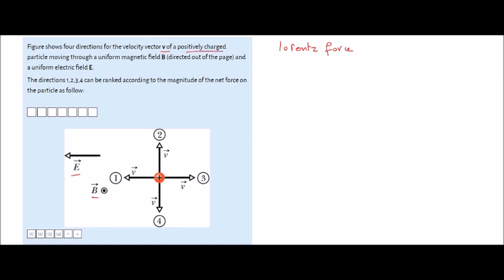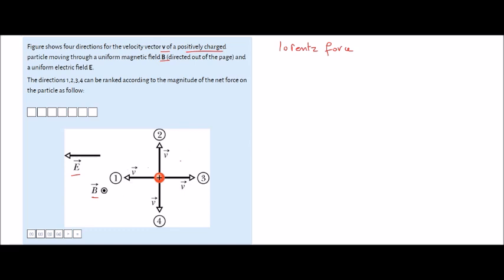So we have a positive charge and different directions of V. The particle can move in direction 1, 2, 3, and 4, moving through a uniform magnetic field B directed out of the page, and a uniform electric field E directed to the left. The directions 1, 2, 3, 4 can be ranked according to the magnitude of the net force on the particle. So you need to rank them.